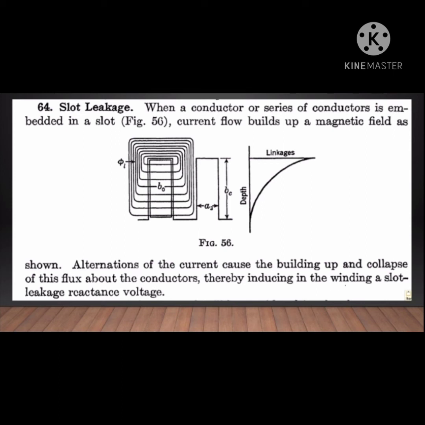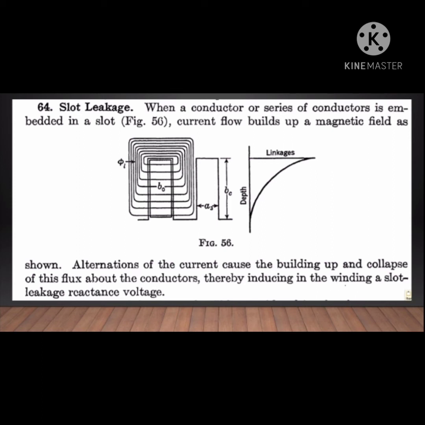So, dito tayo sa slot leakage. When a conductor or series of conductors is embedded in the slot, current flow builds up a magnetic field as shown. So, sabi dito, kapag meron tayong conductors or series ng conductor na embedded dun sa slot, ibig sabihin, yung current niya is nagbi-build up ng magnetic field, or pwede din mag-collapse ng flux.